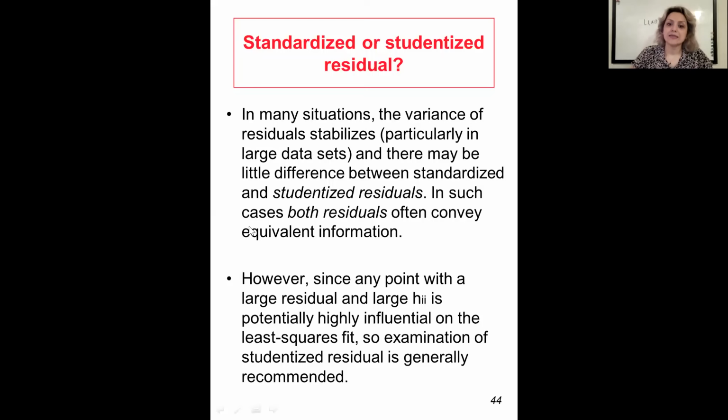However, since any point with a large residual and large H_ii is potentially highly influential on the least squares fit, examination of a studentized residual is generally recommended. So we would prefer to consider the studentized residuals.